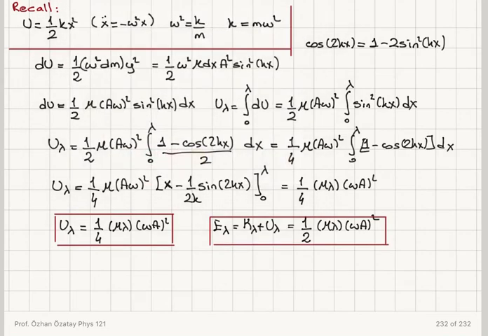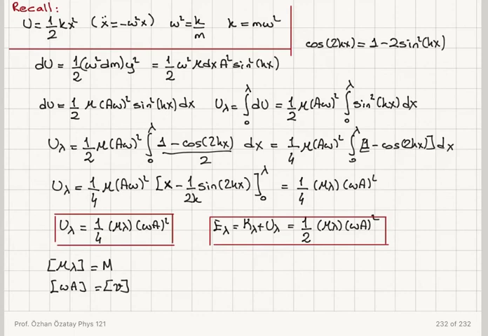You may be wondering why I'm putting these parentheses like this. I want you to just remember that mu is mass per unit length. The dimension of mu times lambda is mass, and the dimension of omega times a is the dimension of velocity. It's the maximum transverse speed, right?